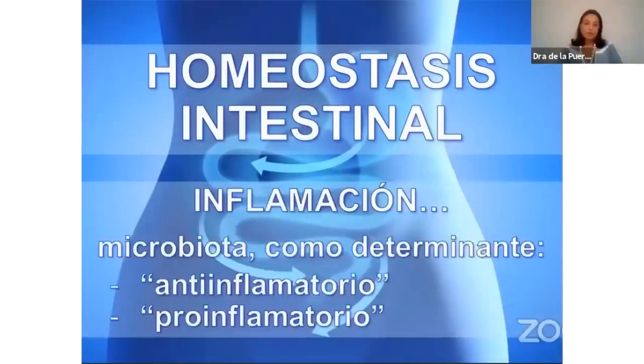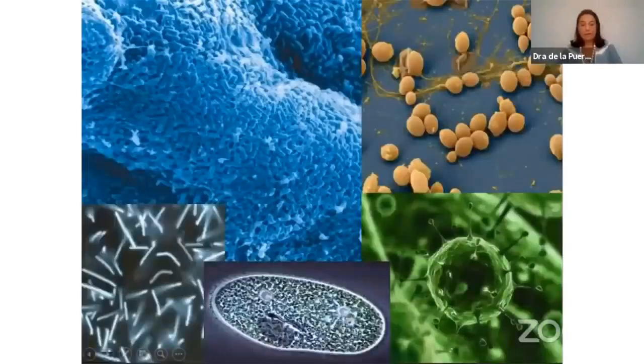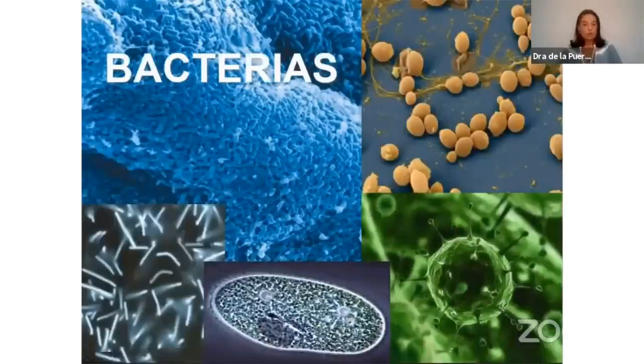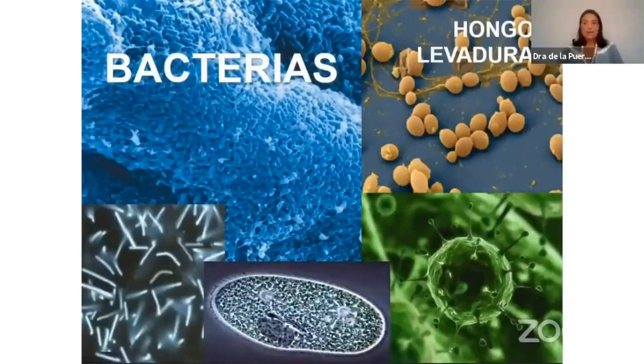In the context of inflammation, we are going to discuss the anti-inflammatory and pro-inflammatory determinants specifically dependent on the microbiota. The microbiota, let's be clear, is a much larger world than just bacteria, which, although quantitatively are the most numerous, also includes fungi, yeasts, viruses, and phages.